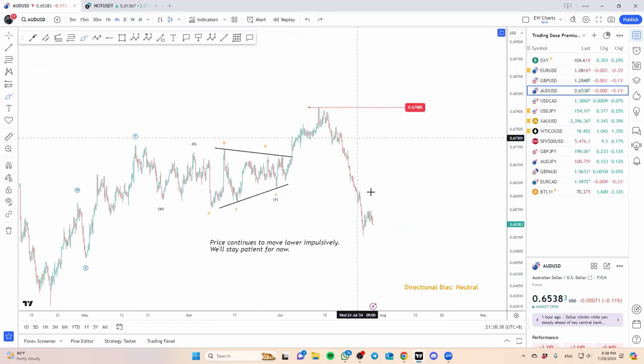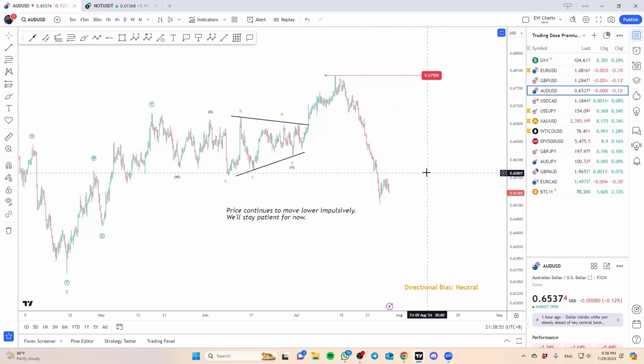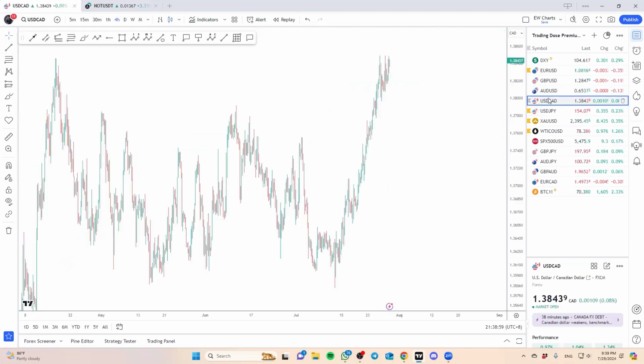So my take here is there's a very good chance that for almost the entire week we'll likely see the market pull back, which means there's nothing much that we will be able to focus on with Aussie dollar. I would rather look at something else. So that's on the Aussie dollar side of things.